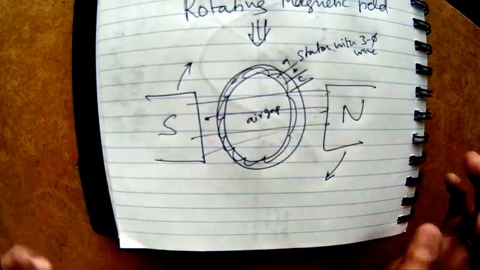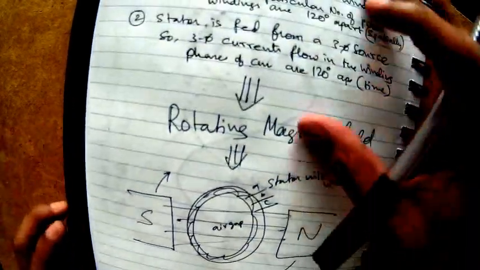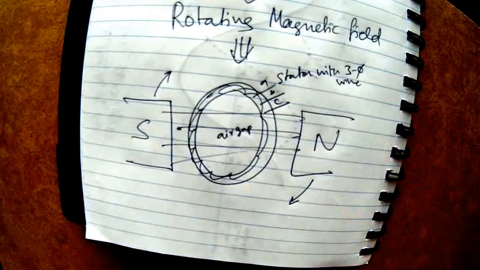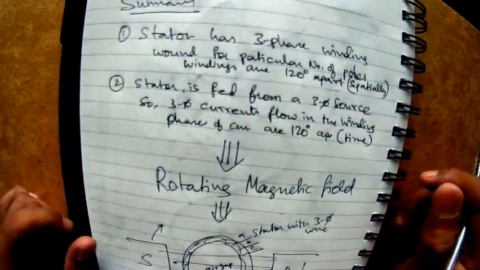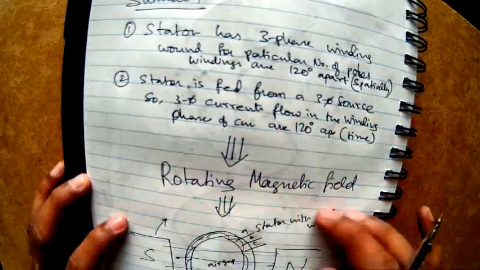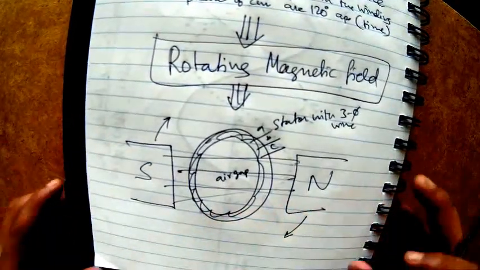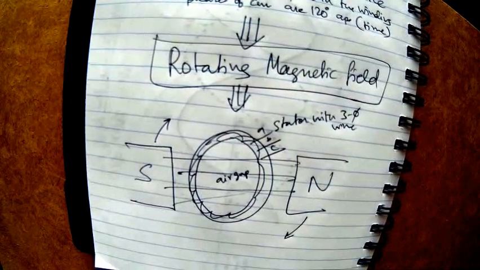So we are achieving a rotating magnetic field in the air gap because of this particular setup. That is the complete understanding of what the stator is doing. The stator in an induction machine contains three-phase windings and is fed from a three-phase source. Therefore, a rotating magnetic field is set up. So this is about the stator. We'll continue more in the other videos.